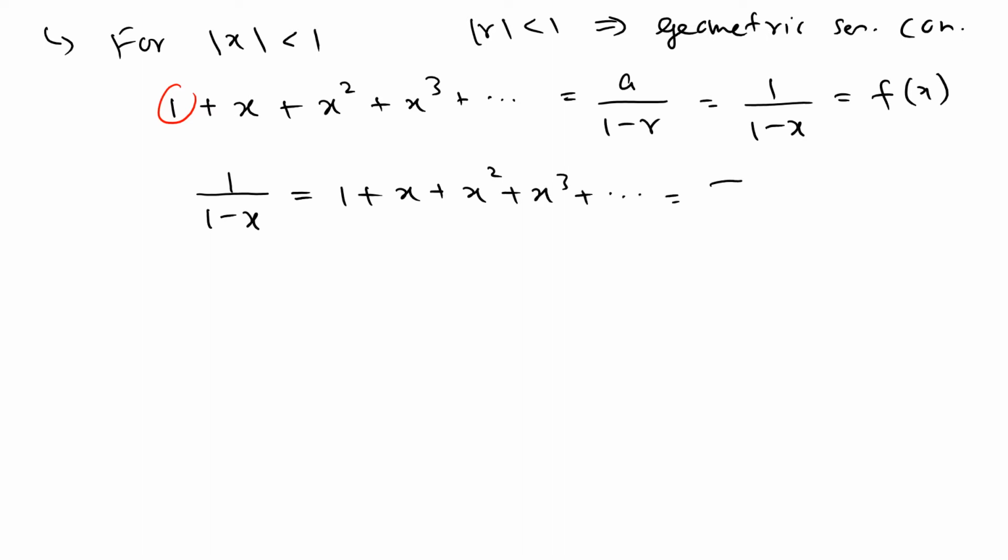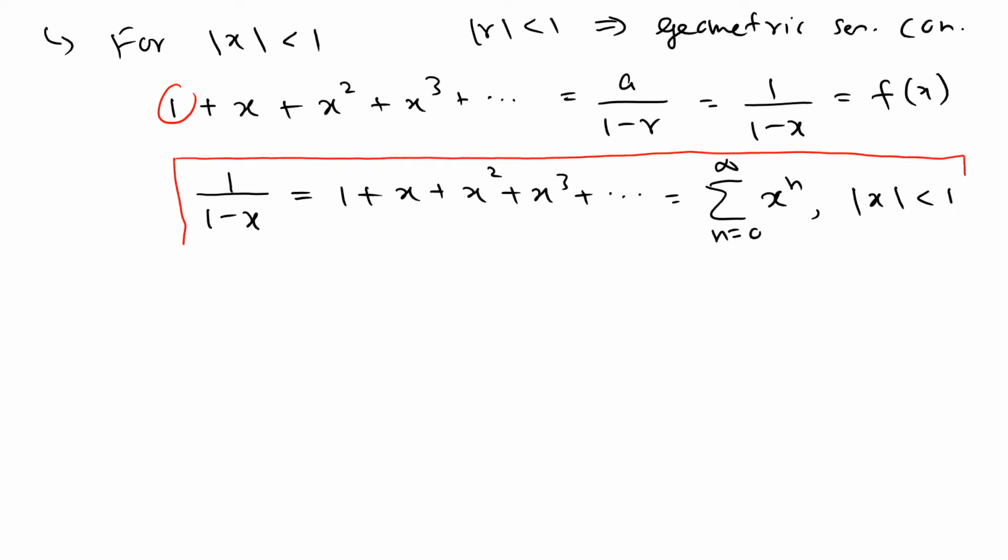You can write this as a power series, the sum from n equals 0 to infinity of x to the n. We start with n equals 0, then you get 1. This is valid only for absolute value of x less than 1. It is not valid outside, since the series is not going to converge, we know that.